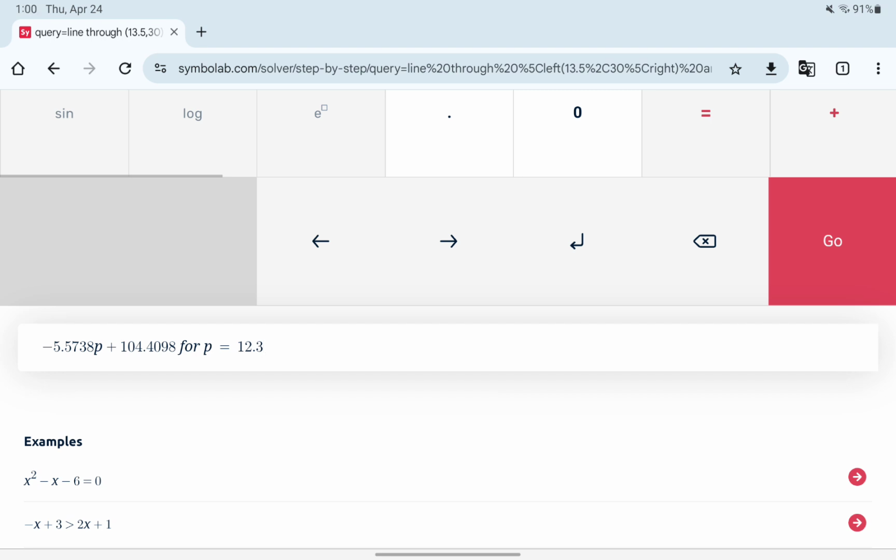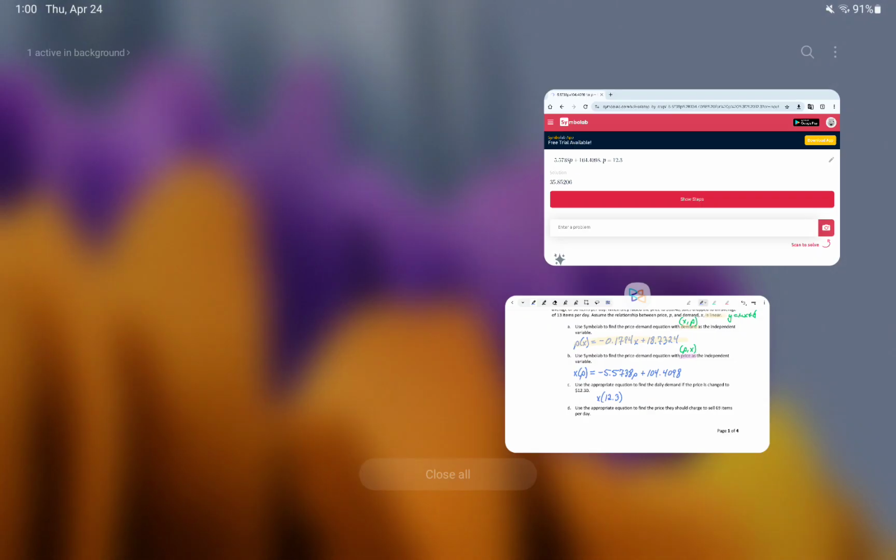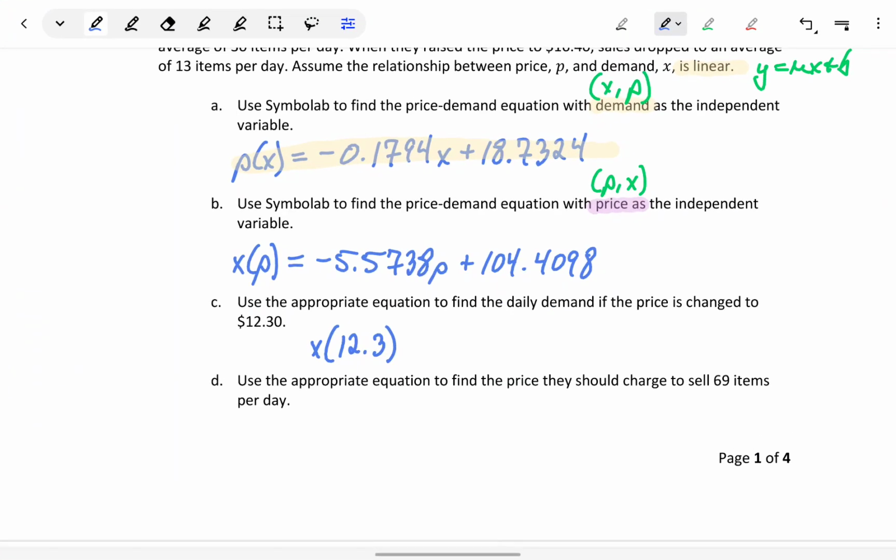So we're just giving it the expression that we want to evaluate and telling it the value that we want to substitute in for that variable. And we get, in this case, 35.85206. But since x is number of units, that has to be a whole number value. So we'll round this to about 36 units.